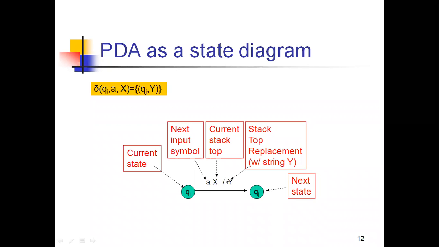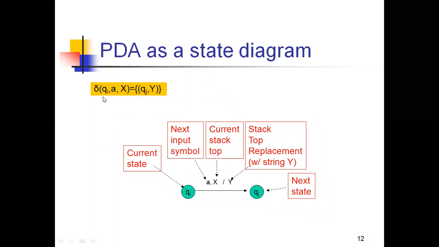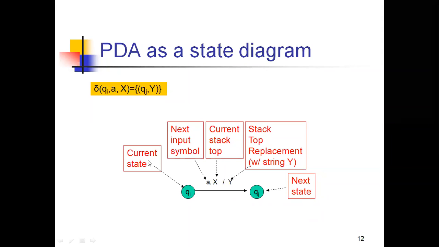Like that only you need to write the inputs along with the stack alphabet as well as the new top of the stack. I think it is clear to you all. If you want to note down, please make a note of this also. This is a state diagram representation of the transition mapping function. And in this way, you need to write it down like this.